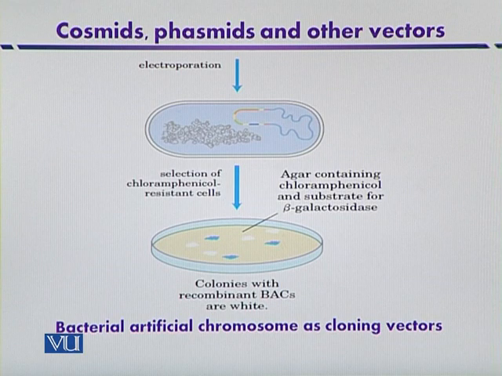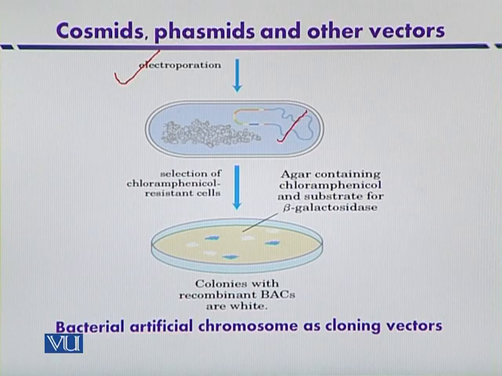In the next step, when foreign DNA is ligated within the bacterial artificial chromosome, then as a result of electroporation, the foreign DNA along with the BACs is inserted into the host organism, and then they are selected on the basis of the selectable marker.